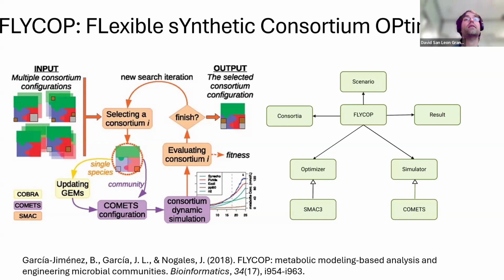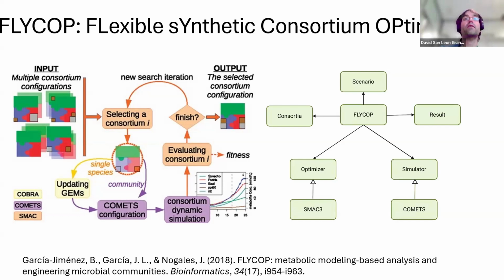And we use tools like COMETS, the one that we use in our pipeline, to try to infer the best ratio at the beginning. That is something we can control in the lab, the ratio between the species in the inoculum. Sometimes we can also control the uptake of specific elements in the medium or the production rates. So this is something that we needed.